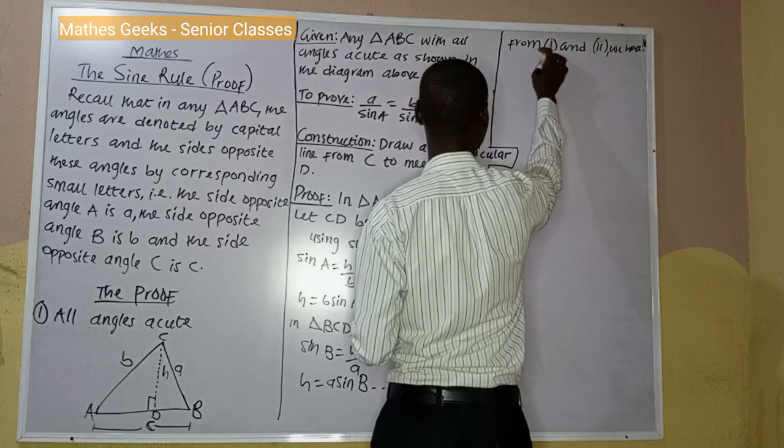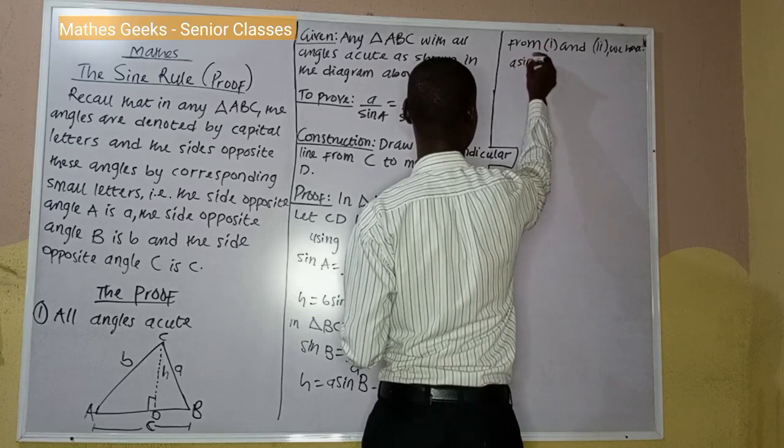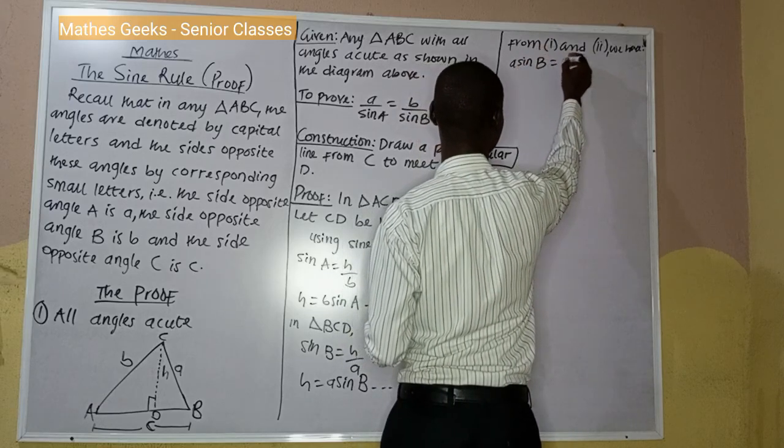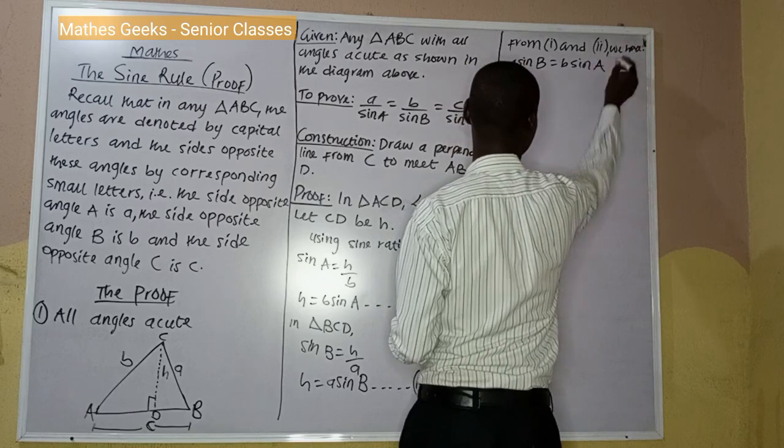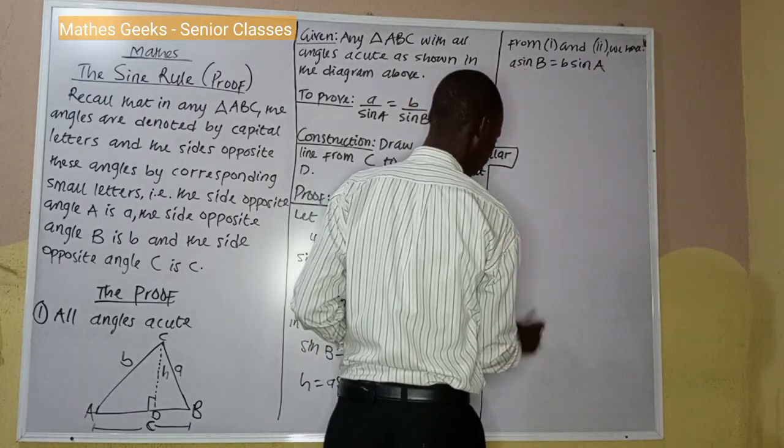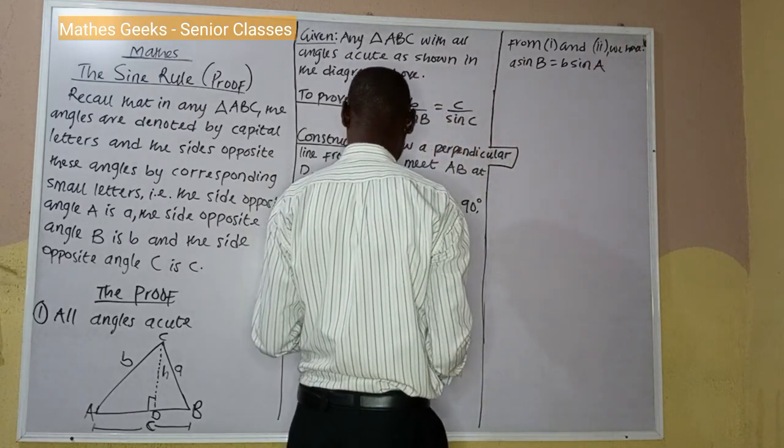We have a sine B is equal to b sine A. The reason is that both of them are equal to h, which is the height.